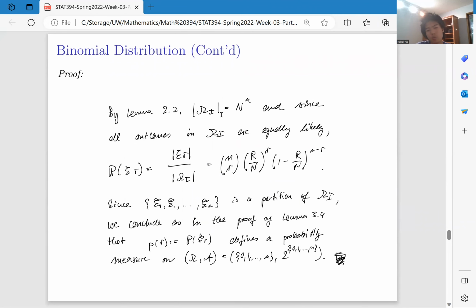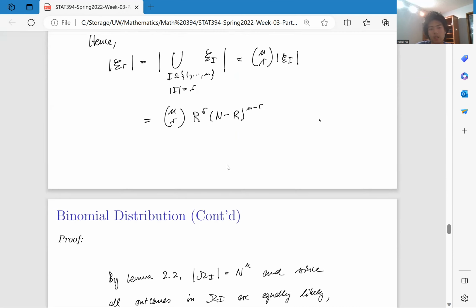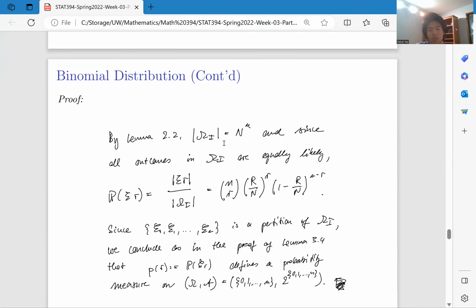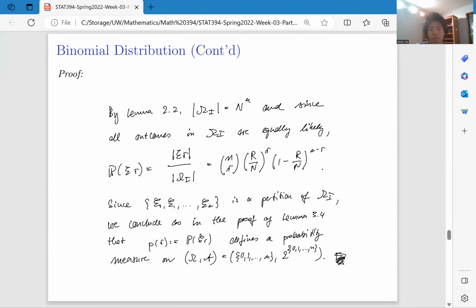And also, because we know the cardinality of the sample space omega is N to the power of n, because in each step there are capital N choices, and we chose it n times. So we get capital N to the power of small n.